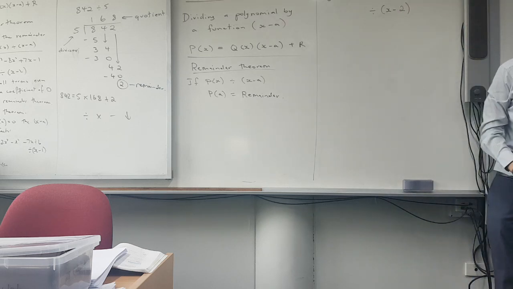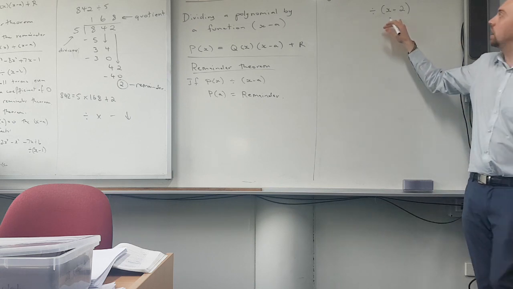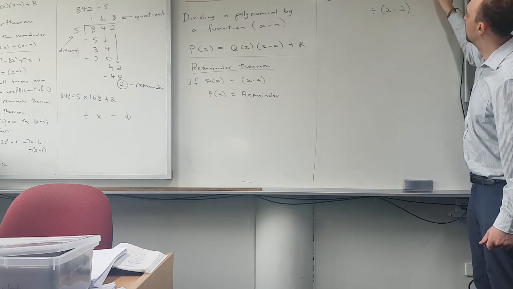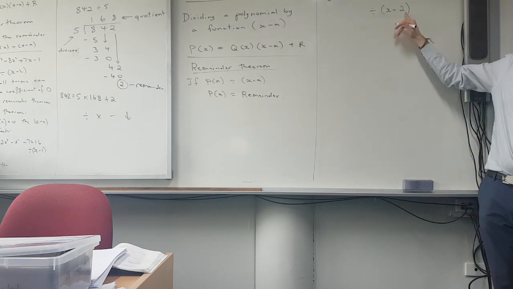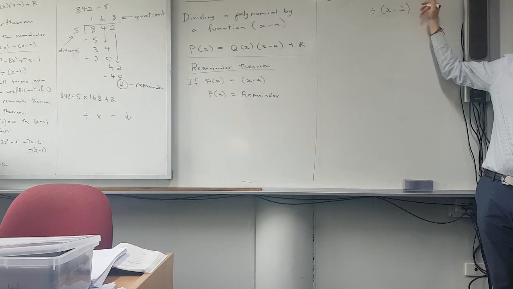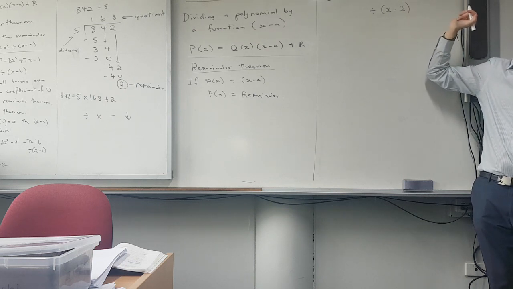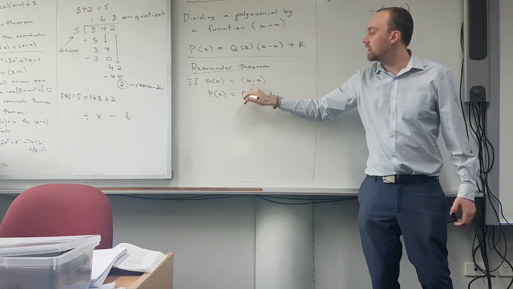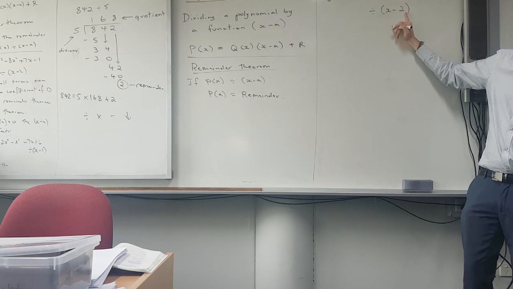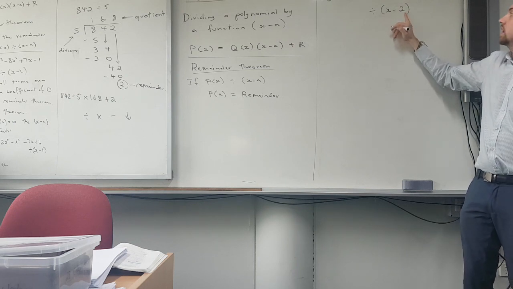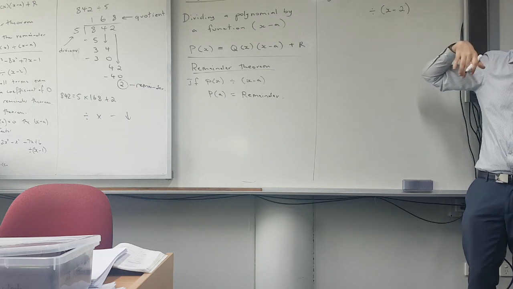Now, if we were trying to use the remainder theorem, and I have my polynomial p of x here, what number would I try and substitute for x if I was to try and find the remainder? Got to follow. X take a, x take a. So what is a? 2. So if we were to substitute 2 into this polynomial, we would get the remainder.